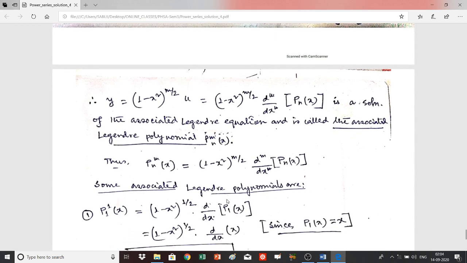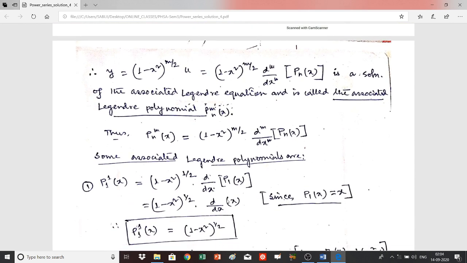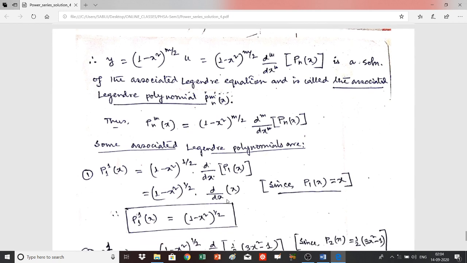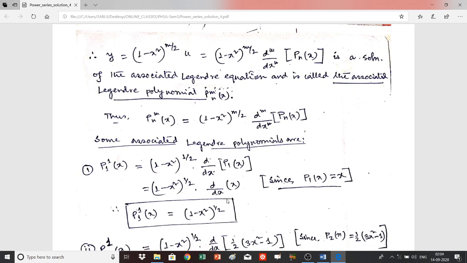Now, as in the case of Legendre polynomials, different polynomials were calculated. Here we are intending to calculate the different order associated Legendre polynomials. And so for the first case, here is the first associated Legendre polynomial. P1^1(x) is equal to, n is equal to 1 in this relation.